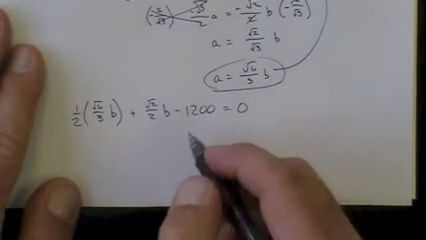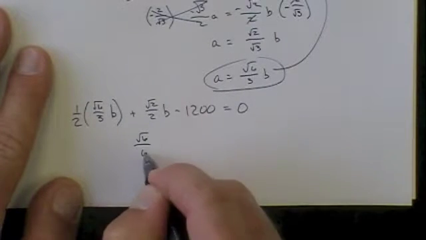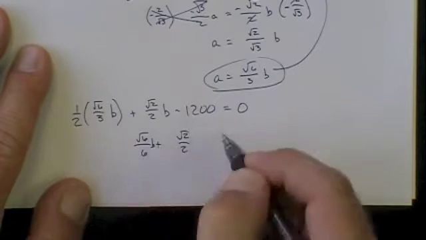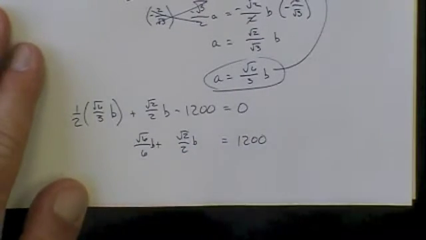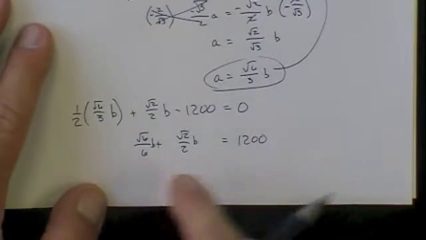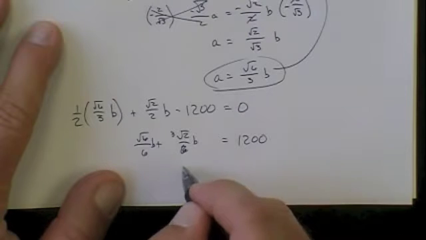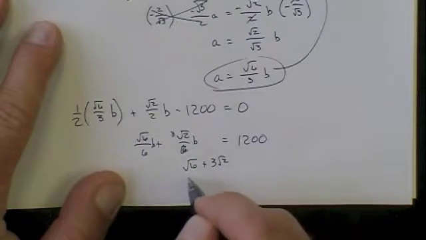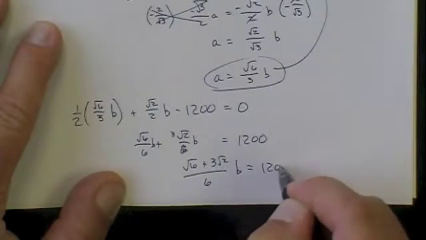So we could add the 1200 over to the other side. We can multiply here. We end up with square root of 6 over 6 plus square root of 2 over 2, and this still is b. This is equal to, move the 1200 over. Now from here, if I multiply top and bottom by 3, that gives us a common denominator. So we have square root of 6 plus 3 square root 2 all over 6 b equals 1200.